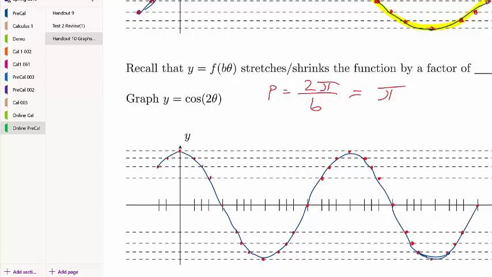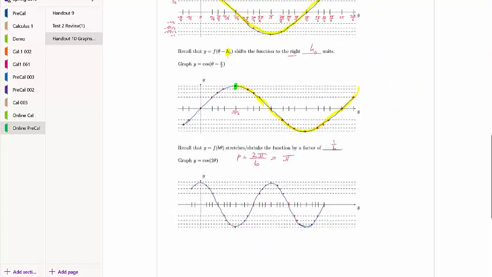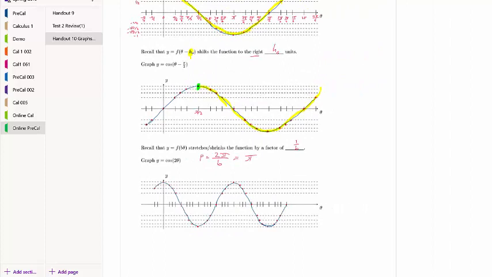There we go, I feel better about that. Alright, so again, note that it looks like the original one, but now everything's happening a lot sooner. The starting point was the same here, but note how quickly we go through one full period. It does indeed take half the time.